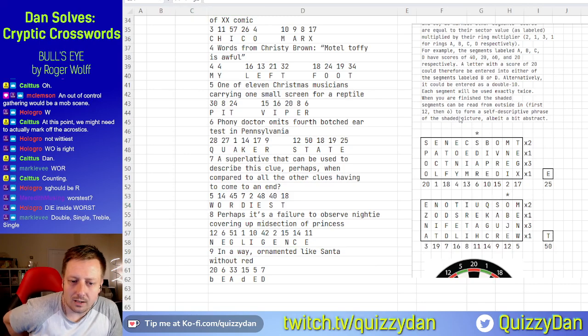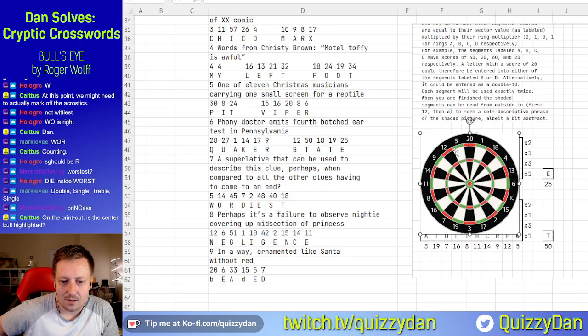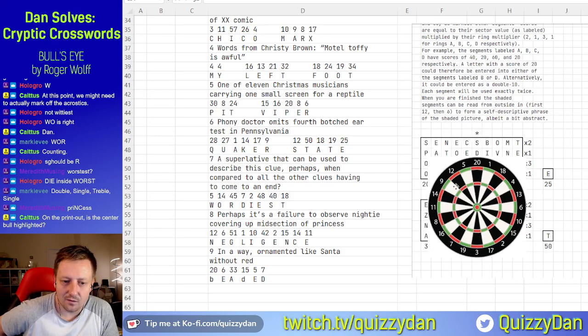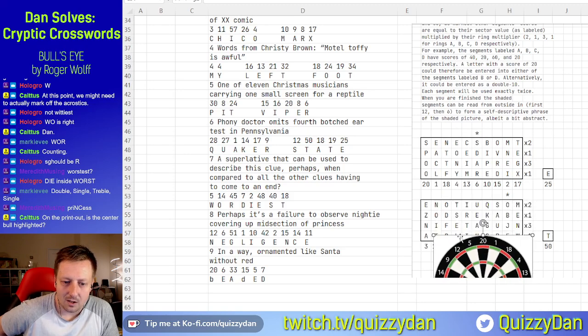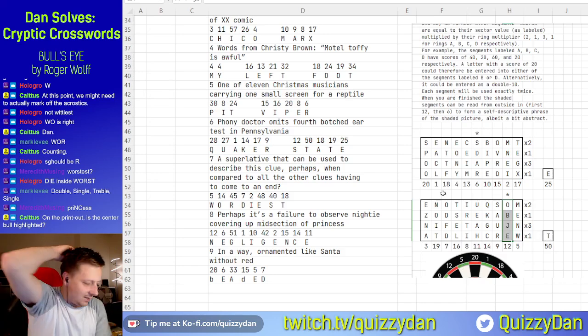And there is one last thing to find. When you are finished, the shaded segments, so that is 12 and then 6, when read from the outside in, first 12 and then 6, form a self-descriptive phrase of the shaded picture. So that is objet, because I think is the centre ball highlighted?